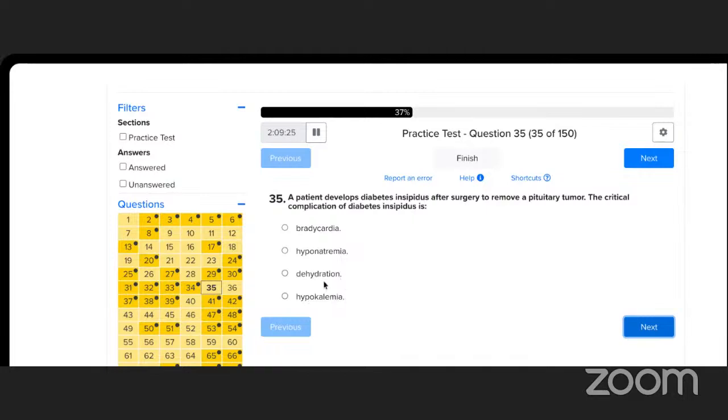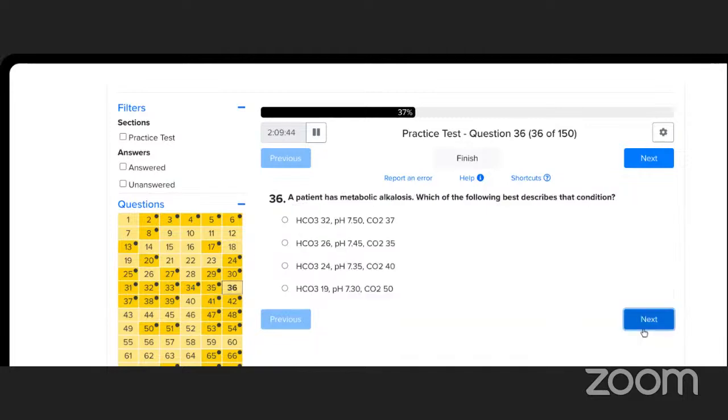So C, we can eliminate because this is not a complication. They talk about critical complication. Low heart rate could be a complication, but is it critical? I think the low potassium might stand out because remember with low potassium, that will give you irregular heart rate that affects your cardiac.